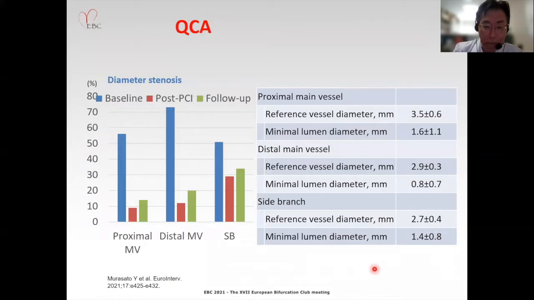In 85% of the cases, we obtained the follow-up CAG at 1 year. QCA results show that the proximal main cell and distal main cell remain at a lower value in the follow-up period. And also in the side branch, here you can see the 30% diameter stenosis remained at the follow-up period.